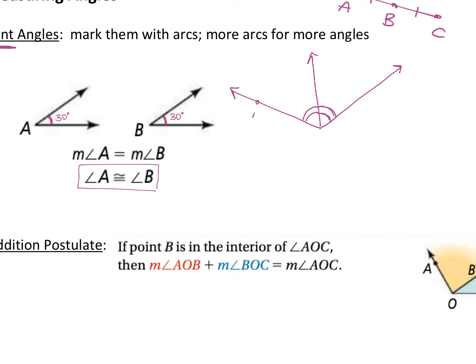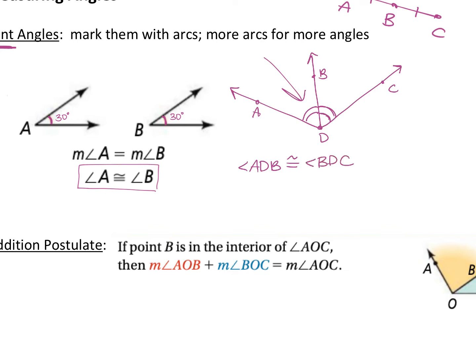So if this was A, B, C, and D, we would say angle A. Can you name this angle for me? ADB. Remember, we always put the vertex in the middle. So angle ADB is congruent to, can you name the other one for me? BDC.